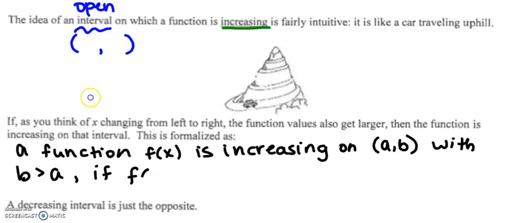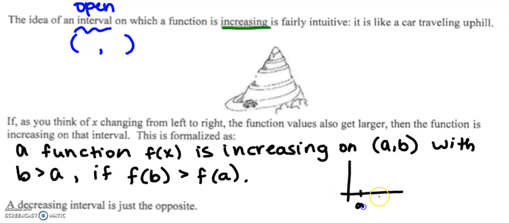If f of b is greater than f of a. So all that means is if I have some interval from a to b, and I know that f of a is less than f of b, then my function is increasing from a to b.